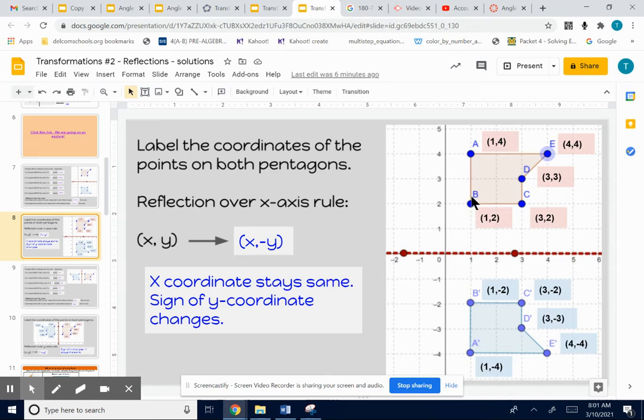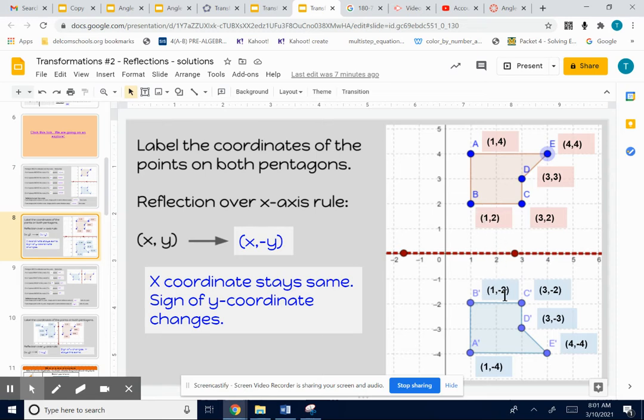Point B is (1, 2). B prime is (1, -2). After you fill in all of these coordinates, I want you to see that the x coordinate stayed the same every time, but the y coordinate changed. Like (1, 2) to (1, -2). The x coordinates stayed the same.